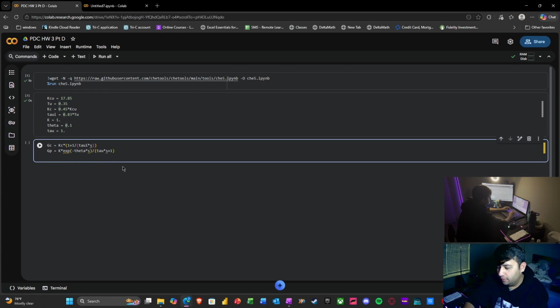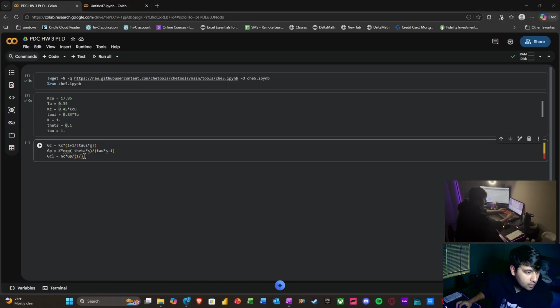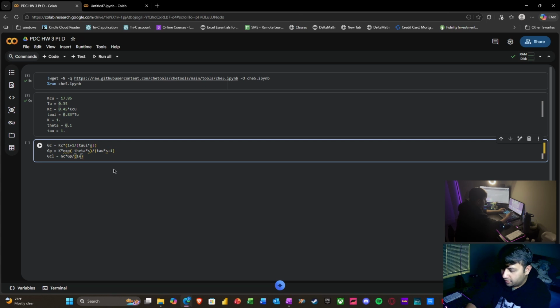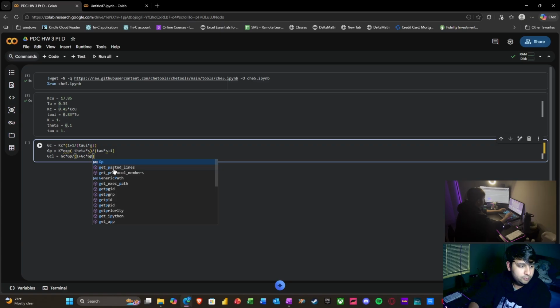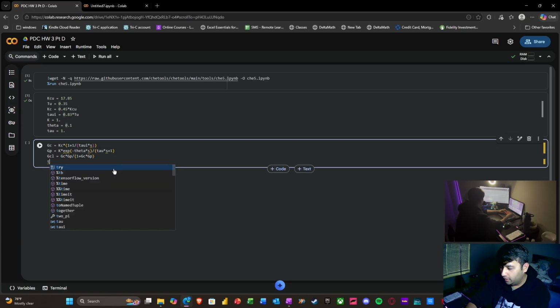And then we're going to have our G closed, which is GC times GP divided by 1 plus GC times GP. And we're going to define our t and h.